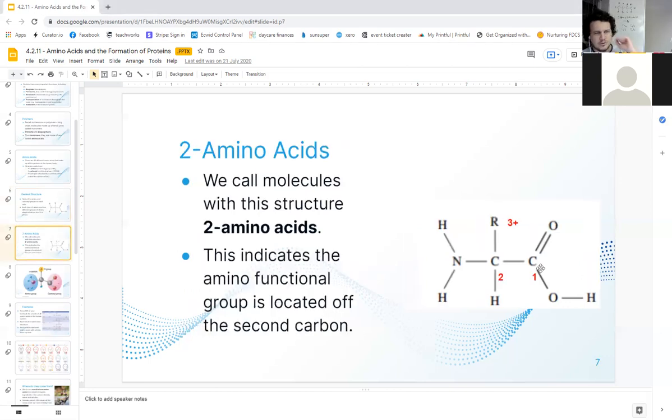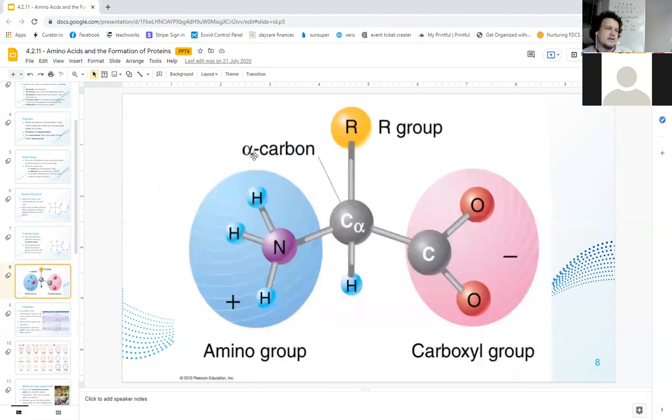They're called 2 amino acids because the R group comes off the second carbon. So on the left-hand side, we have the amino group.